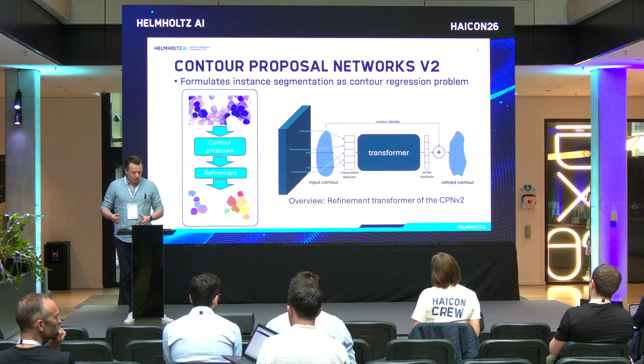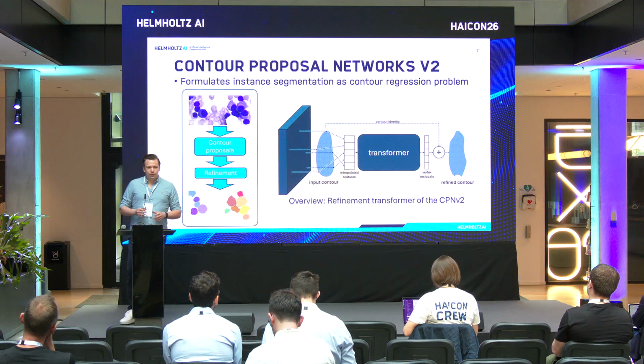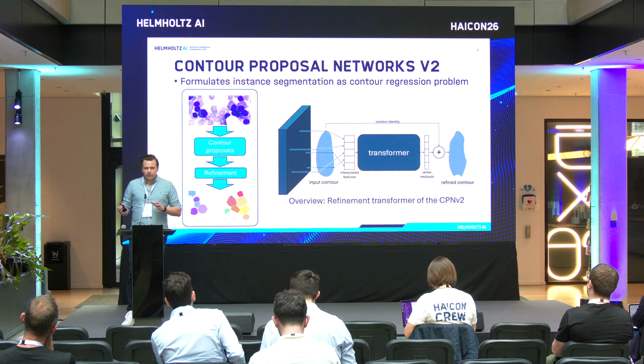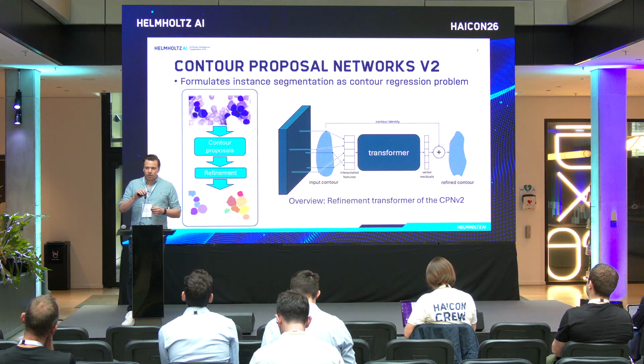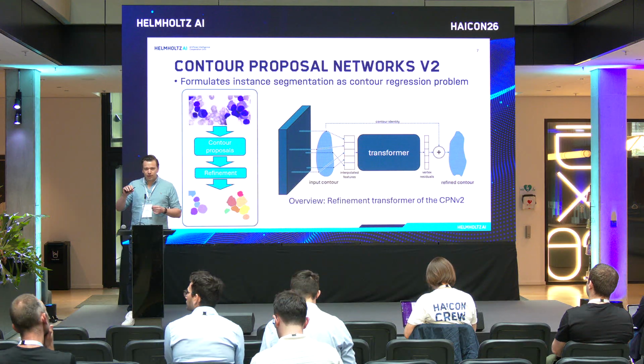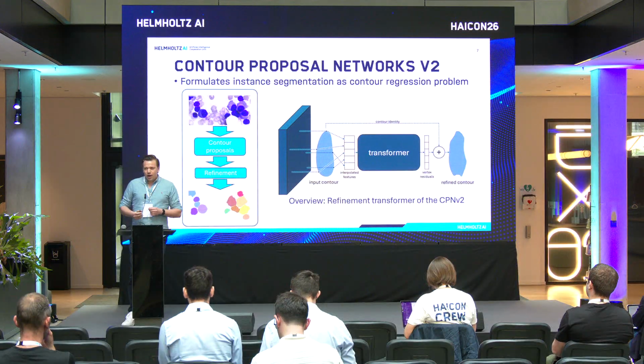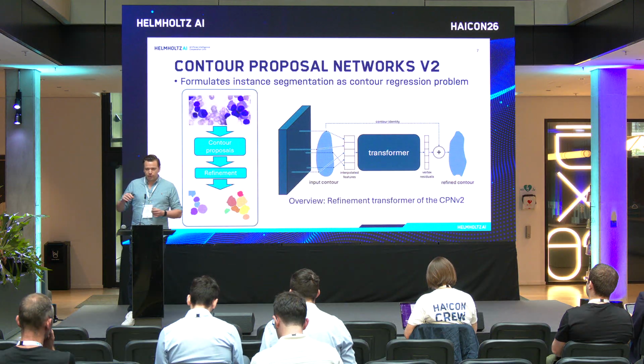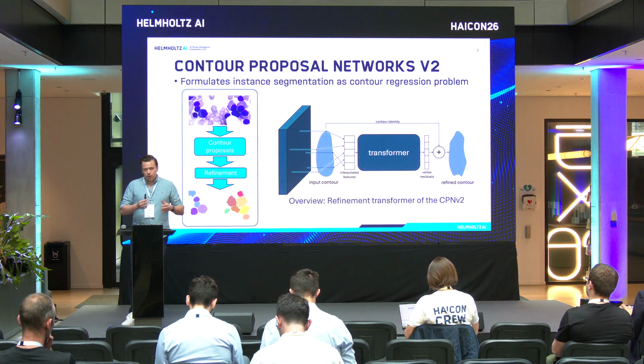If you think about what features might be relevant to improve the fit of a contour, it's very likely going to be the features at the exact points where the contour points are defined. So what we do is we take a feature map, like you can see here on the left, and we read out the features at each contour point coordinate. And these we collect. You can do this as well with feature pyramids, of course.